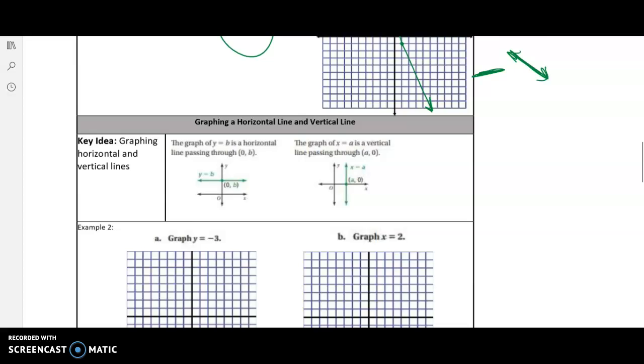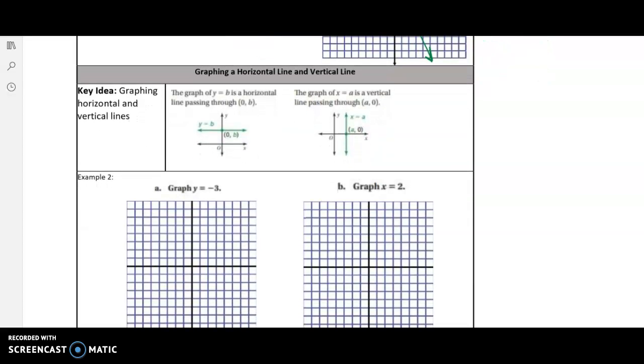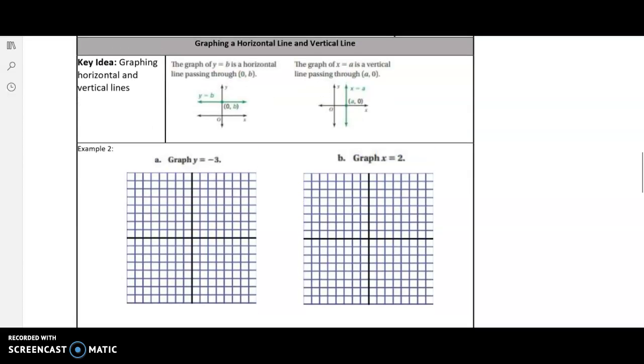All right, so now let's look at graphing horizontal and vertical lines. So horizontal and vertical is a little bit different. When we graph these, it already tells us what y equals. So no matter what x I plug in, which there's not an x, I always will get -3.